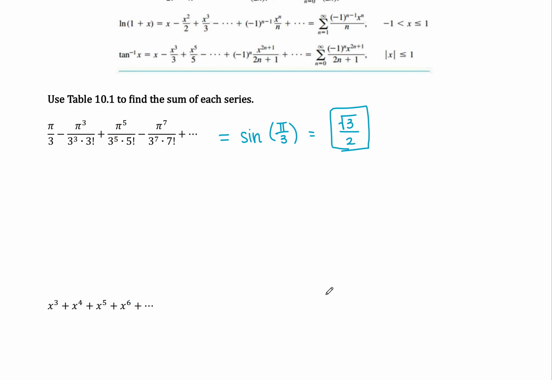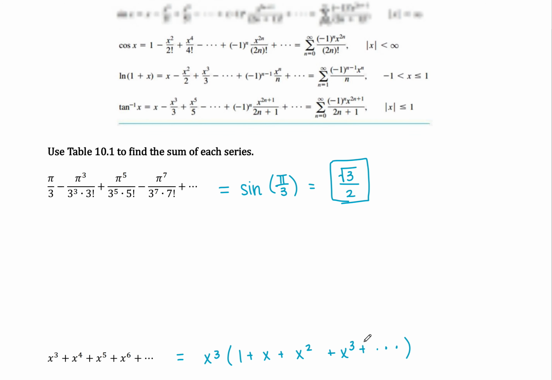The second one is x cubed plus x to the 4th plus x to the 5th plus x to the 6th, and so on. And I'm going to rewrite this as x cubed times 1 plus x plus x squared plus x cubed, and so on. So now I'm going to look for this in that table, 1 plus x plus x squared plus x cubed, and so on.